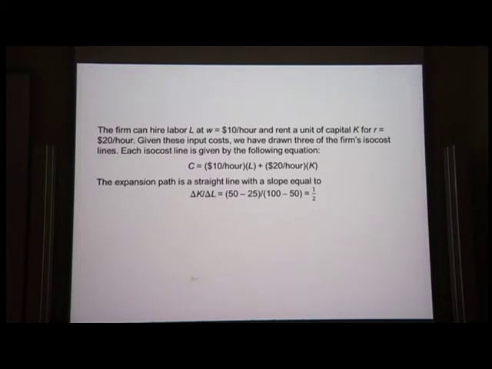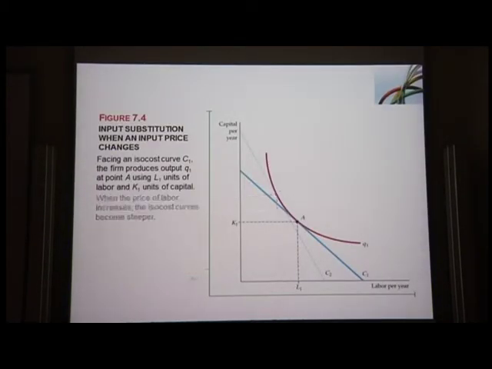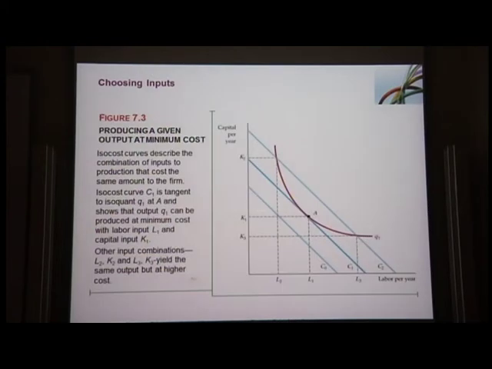Now, if we go back to the previous diagram, for example, this diagram 7.3, which is the important one, we identify point A. That is a point of tangency between isocost C1, that is the cheapest way to produce output Q1 by using combination K1 and L1.